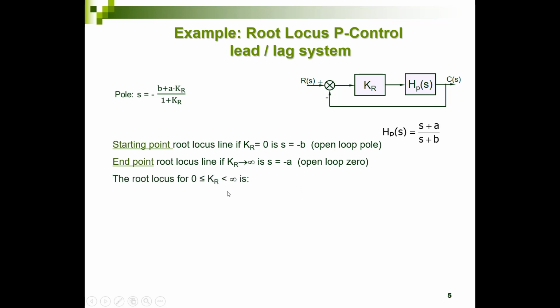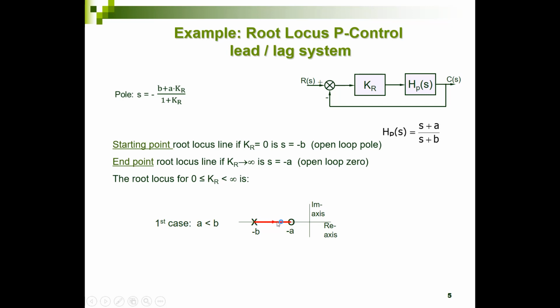Now we can draw the root locus. For a case where A is smaller than B, the position of the pole is over here and the position of the zero is over here. So we see that for kr is 0, the root locus starts over here at the pole of my open loop system, and for kr is infinity, it ends in the zero of my open loop system, which is at minus A over here.